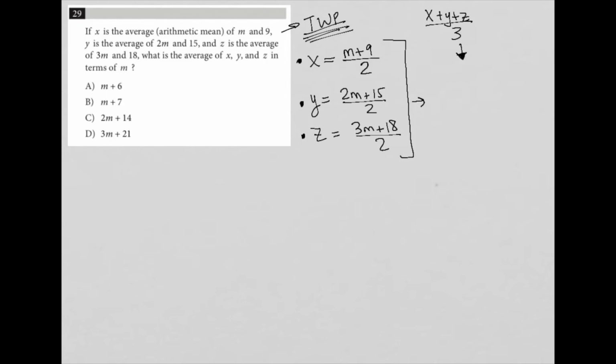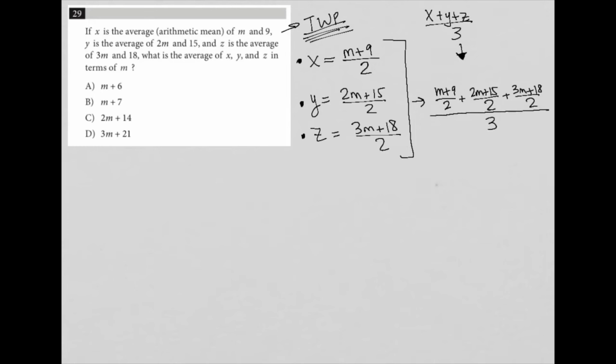So instead of x plus y plus z, I would have m plus 9 over 2. That replaces the x. Then I'd have 2m plus 15 over 2. That replaces my y. And I'd have 3m plus 18 over 2. That replaces my z. And all of that divided by 3.